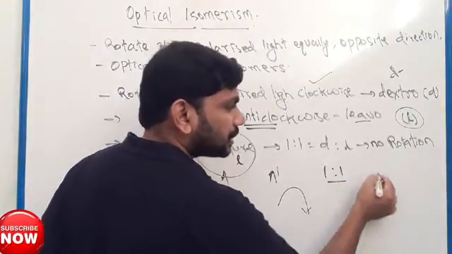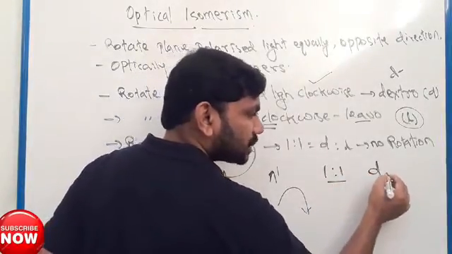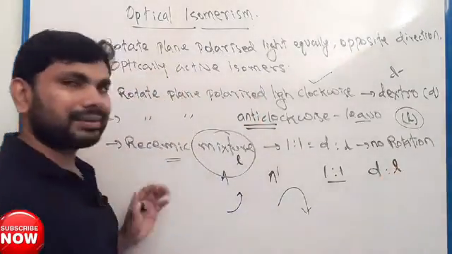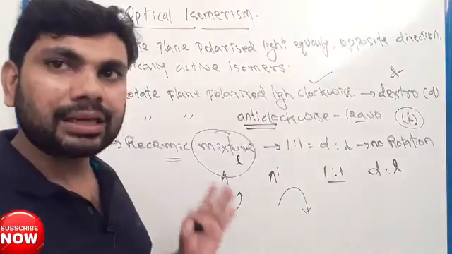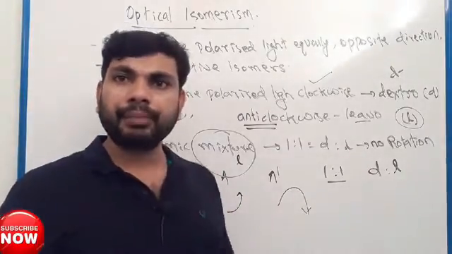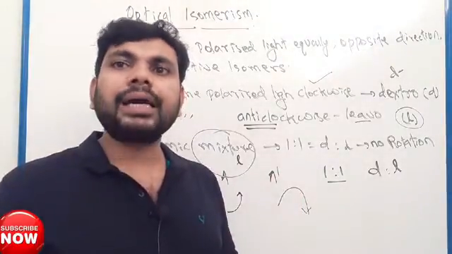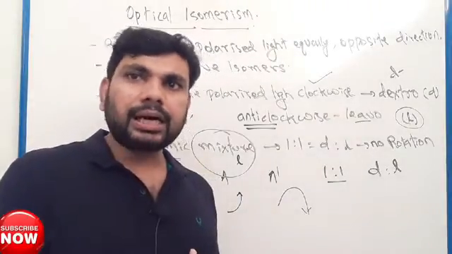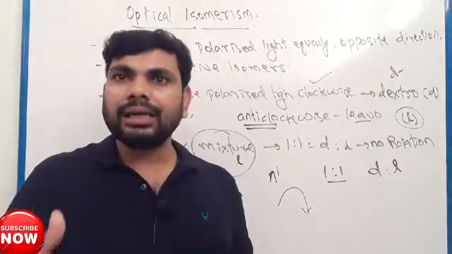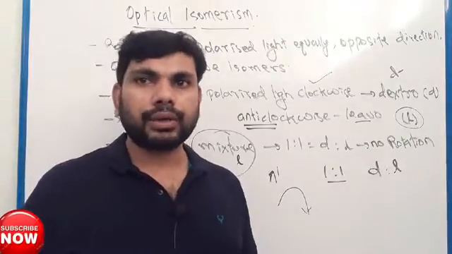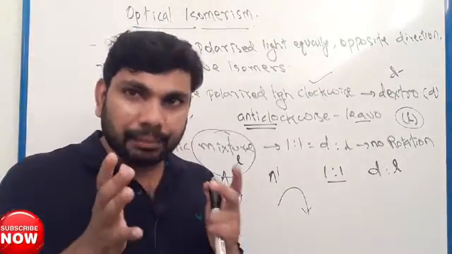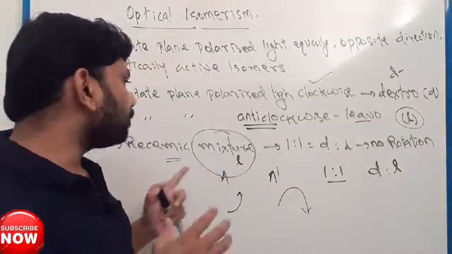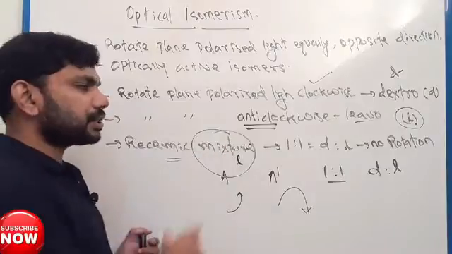It contains a dextro-rotatory isomer and a levorotatory isomer. Same substance but different isomers, one dextro-rotatory and the other levorotatory, in the same 1:1 ratio. Such mixtures are called racemic mixtures.